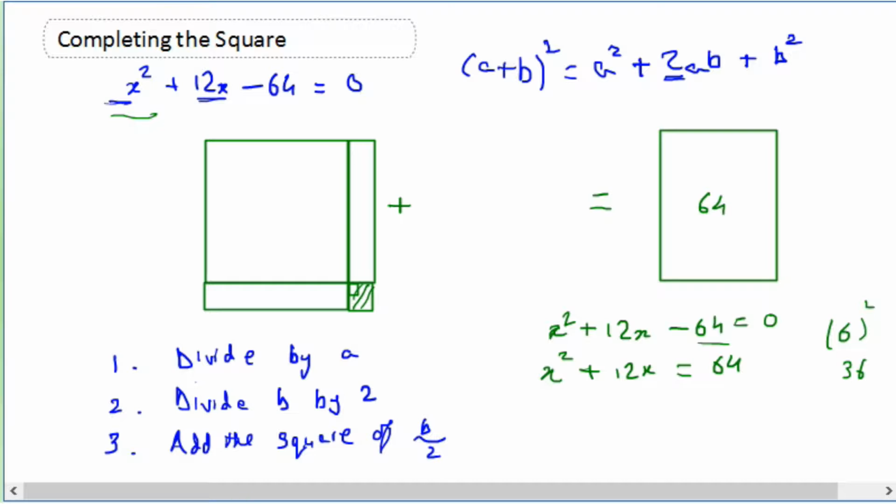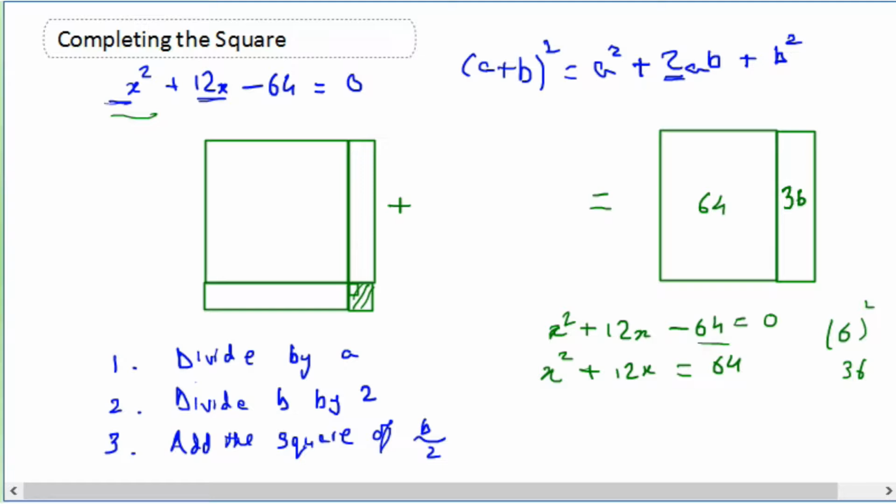So let's say we draw another rectangle here which completes the square, and let's say that the area of this rectangle is 36. So now all we have to do is take the square roots of both sides and we get the answer.